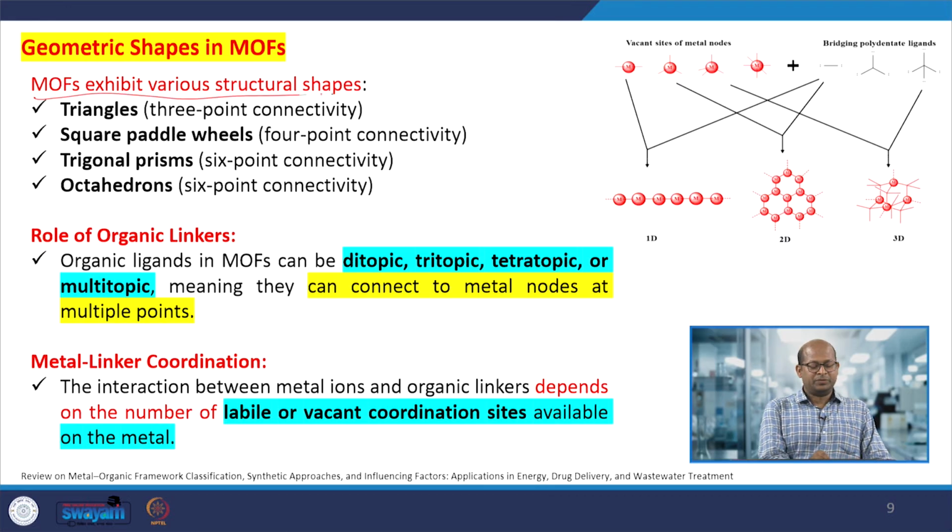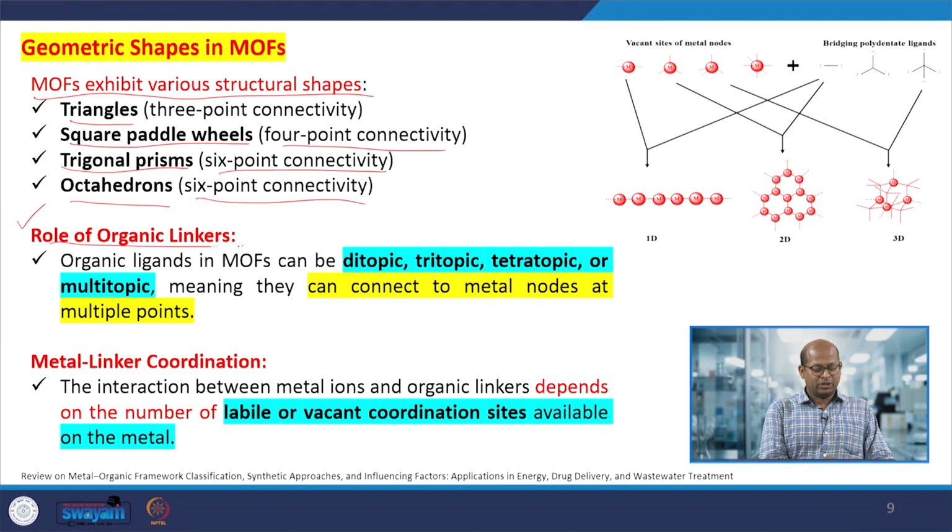MOFs exhibit various structural shapes also: triangles with 3-point connectivity, square paddles with 4-point connectivity, trigonal prisms with 6-point connectivity, octahedrons with 6-point connectivity. Depending upon that, we can categorize the different structural shapes.